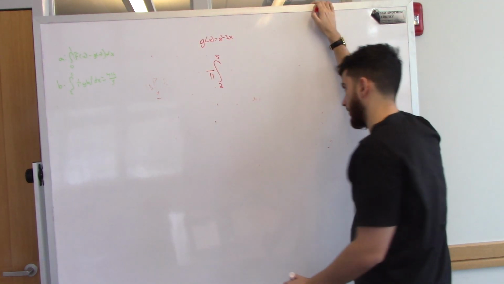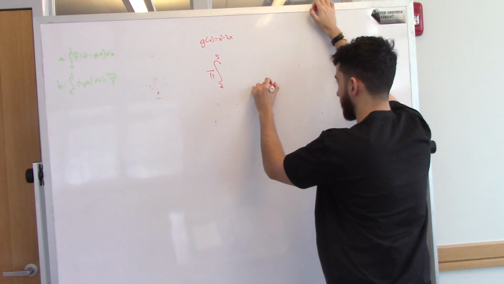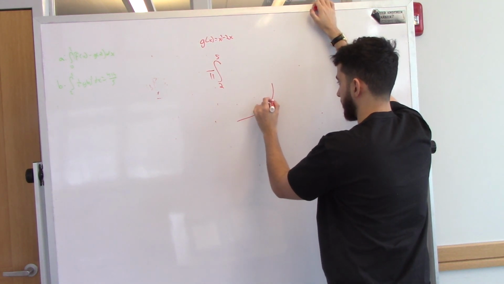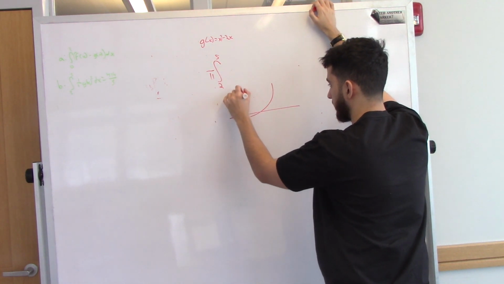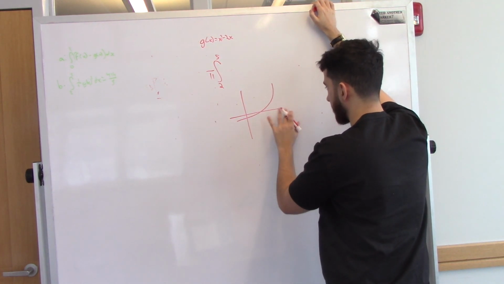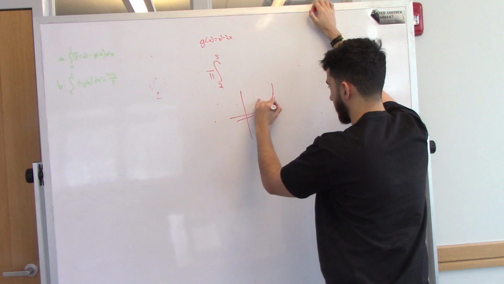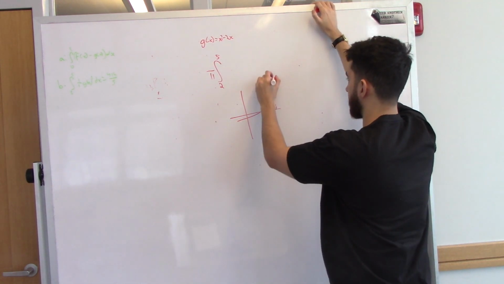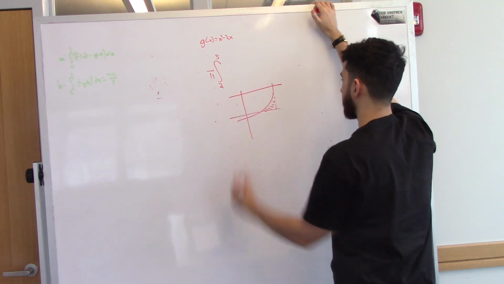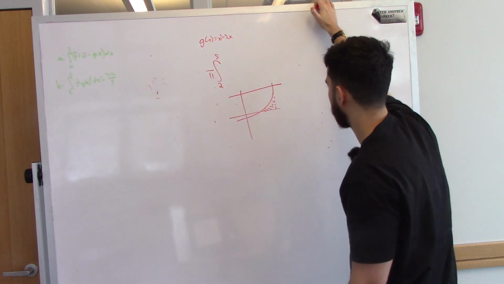Okay, and now there's a quick little sketch, a very rough sketch. But we're essentially looking for this area over here, more or less, around this line, right?